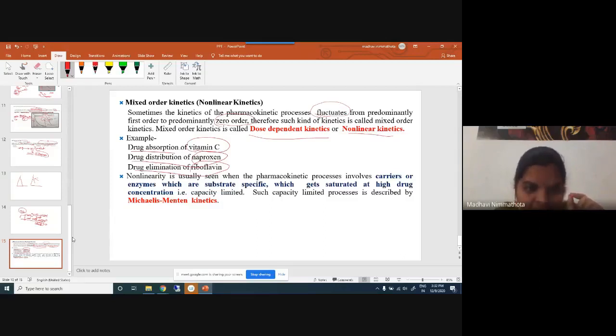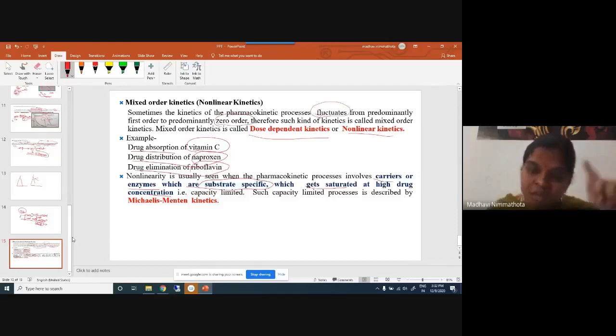Non-linearity is usually seen when the pharmacokinetic processes involve carriers or enzymes which are substrate specific. So drug products that are carrier specific or enzyme specific will get saturated at high drug concentrations. What is our main aim?